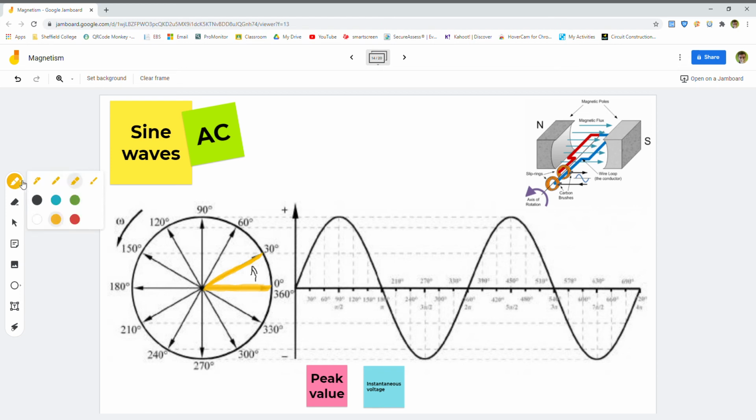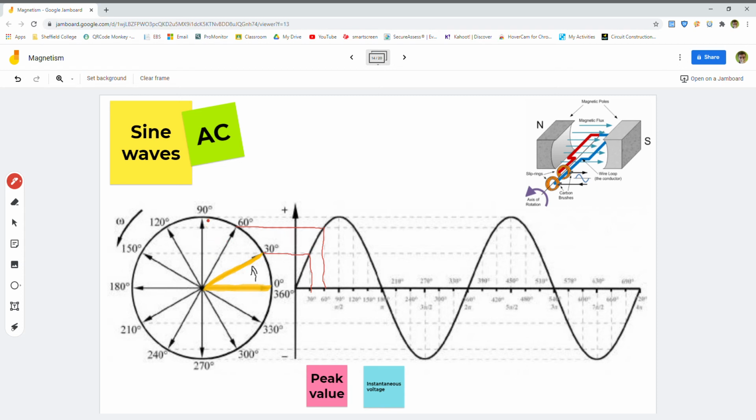Because it started to move, it started to cut some of these lines of flux. So we plot this on a graph. As it's being cut at 30 degrees, it's inducing this amount of voltage. As it continues to travel, it's now inducing that amount of voltage, whatever it might be.